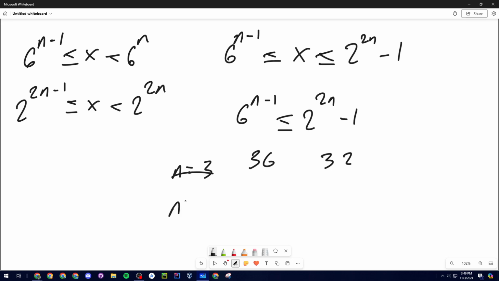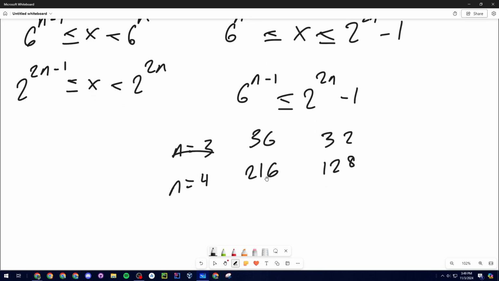Does not work. If n is equal to 4, we have 216, and then we have whatever 4 times... it's really 128. Yeah. So, okay, wait, did I do that right? 2 to the 8.